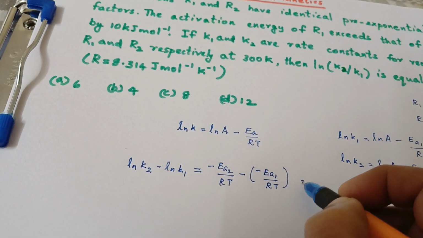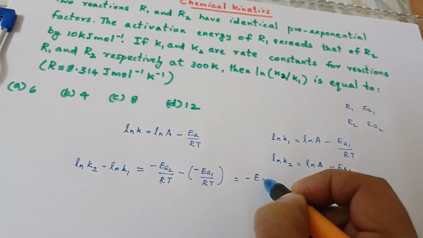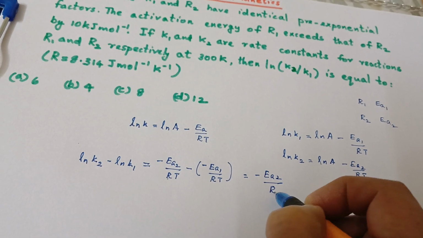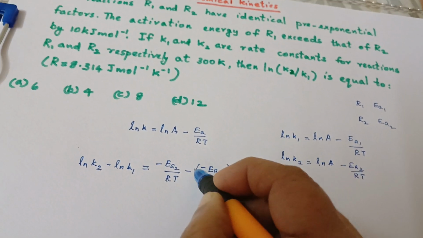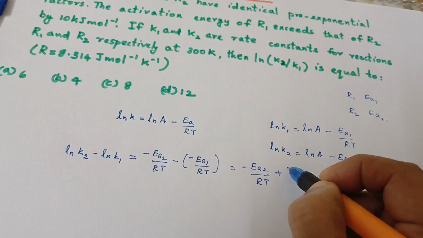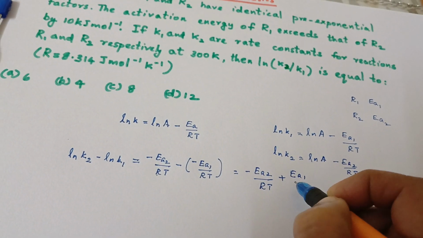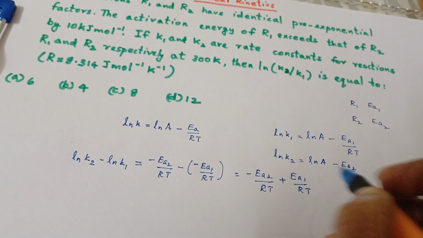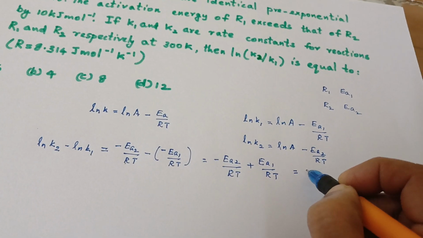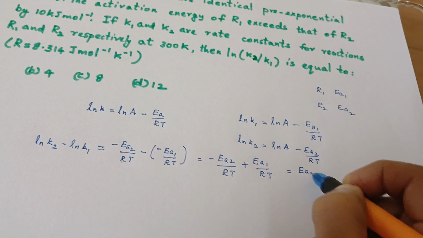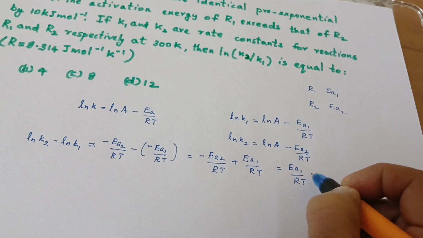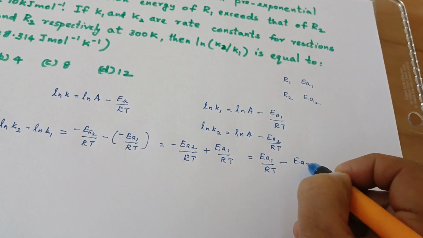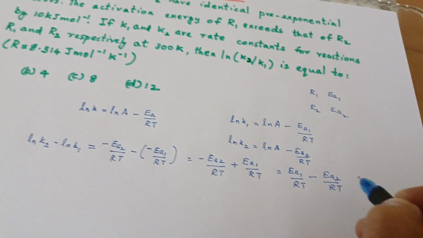This will become minus EA2 by RT plus, minus and minus will become plus EA1 by RT. Let us rearrange it as EA1 by RT minus EA2 by RT.